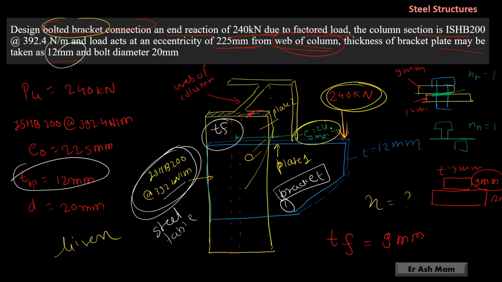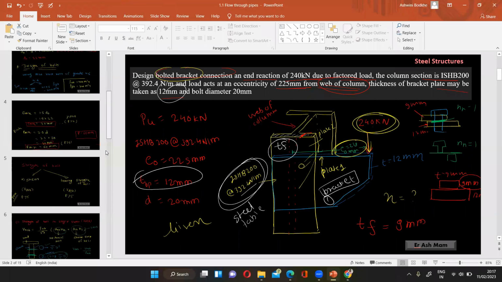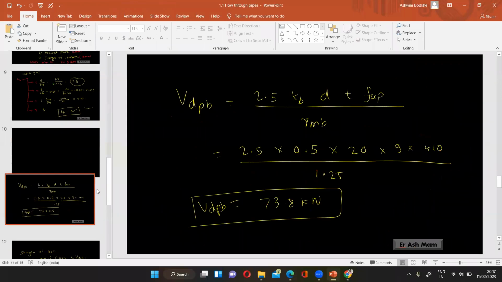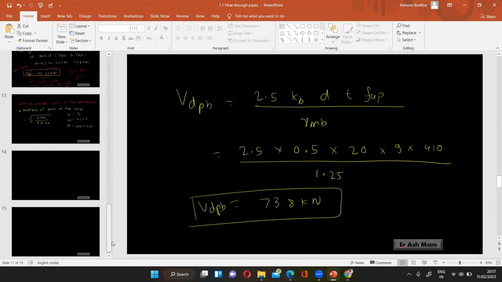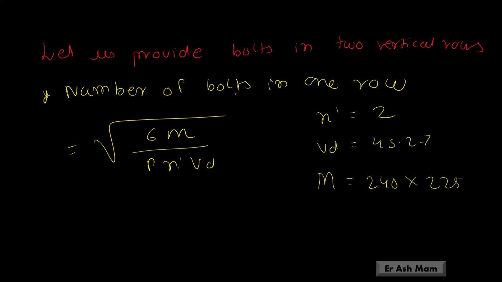Then moment equal to 240 kilonewton into 225. I kept this M in kilonewton itself and 225 in mm because the value of VD is in kilonewton. Then kilonewton and kilonewton will get cancelled because M is at the numerator and VD is at the denominator. So no need to change the unit.